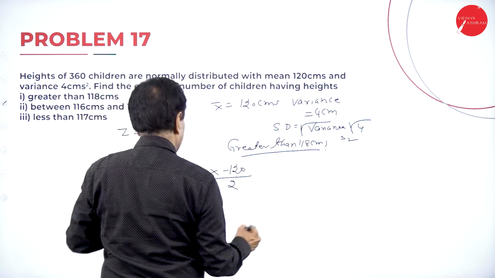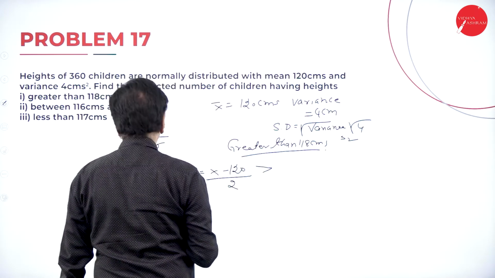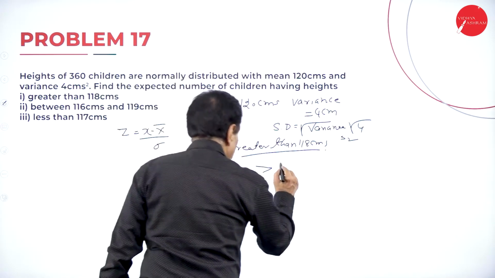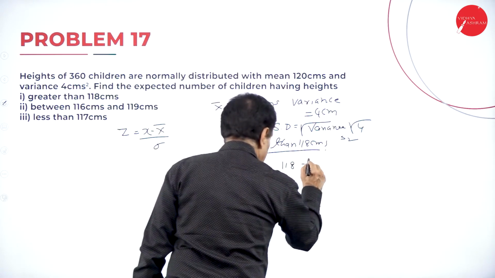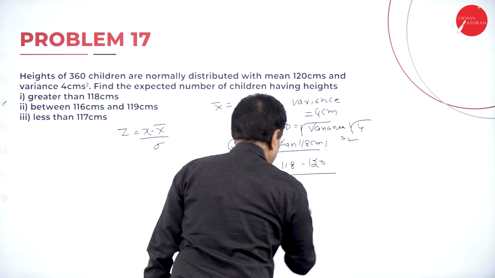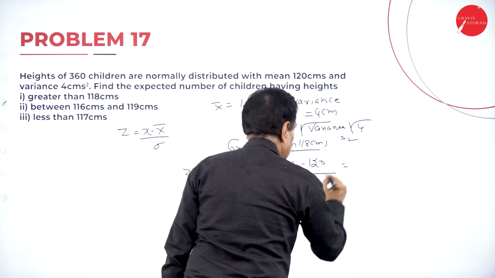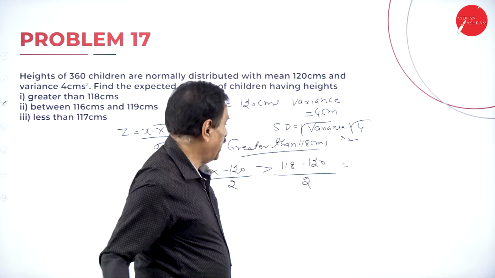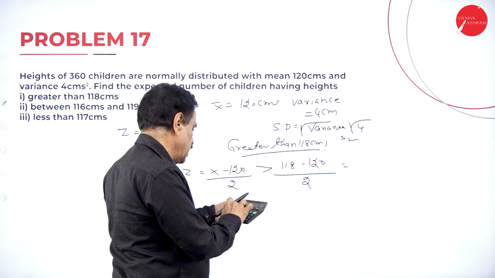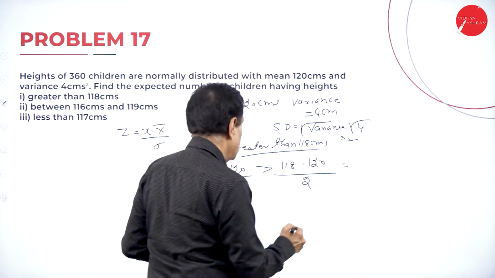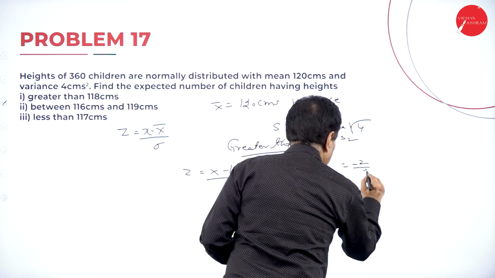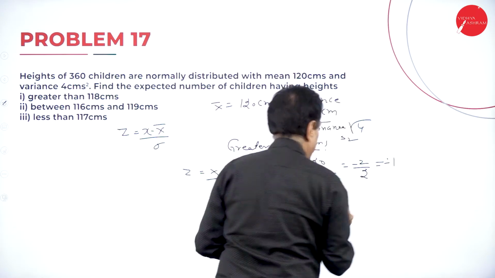It is greater than, more than. The X value is 118. So Z equals 118 minus 120 divided by 2. Simplify this: 118 minus 120 is minus 2, divided by 2, equal to minus 1.